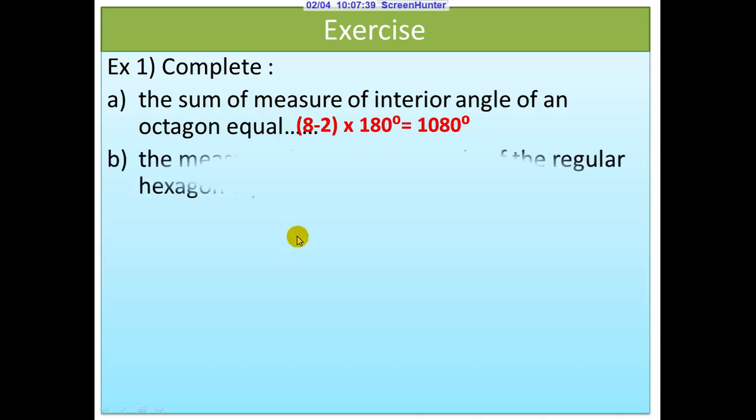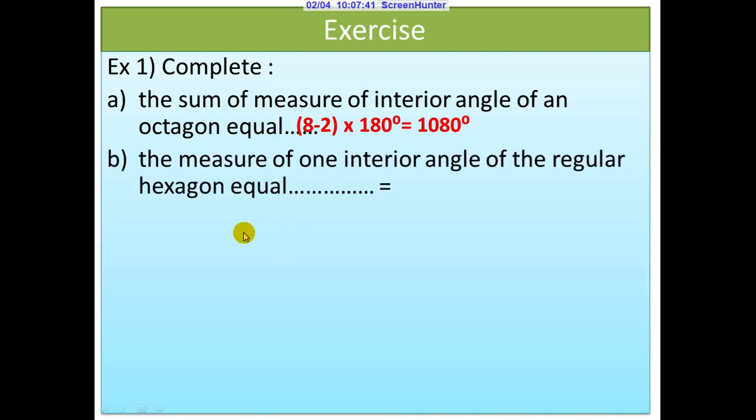Letter B, the measure of one interior angle of a regular hexagon. He asked me here to find measure of only one interior angle of regular hexagon. And we know hexagon, it means it has 6 sides. So what about the suitable rule here to find the measure of each or one interior angle of a regular hexagon?